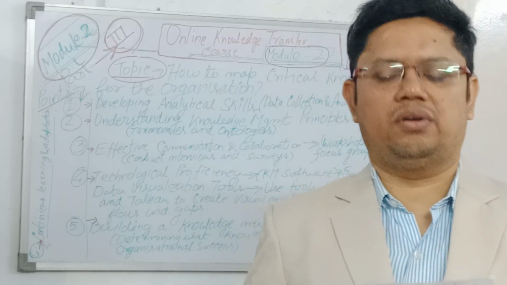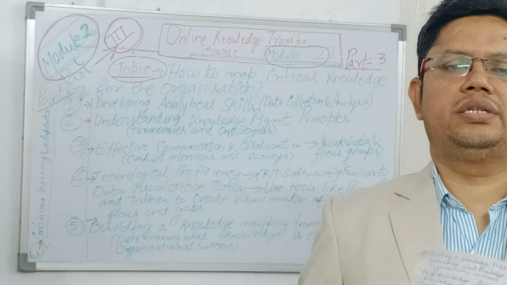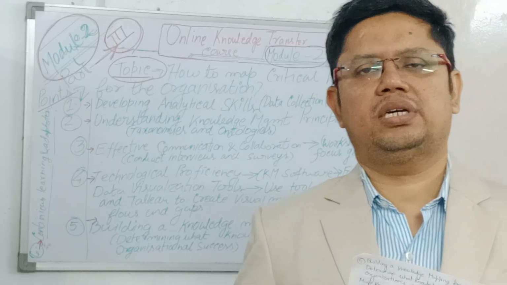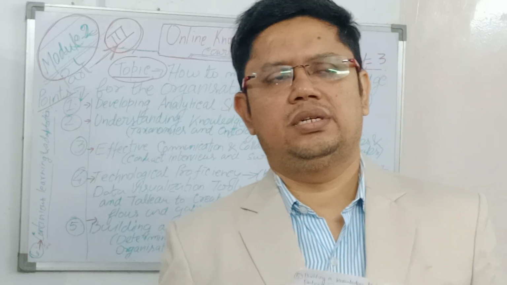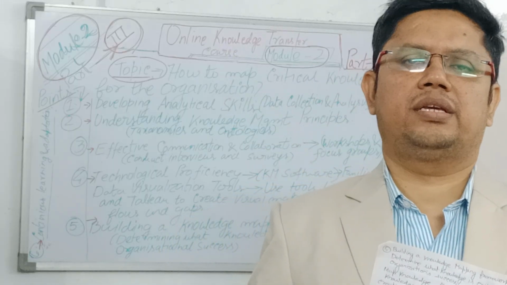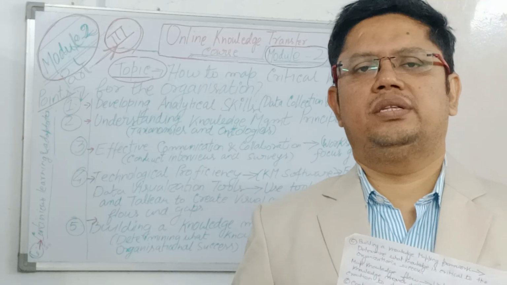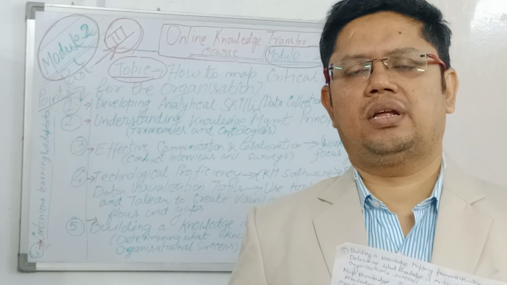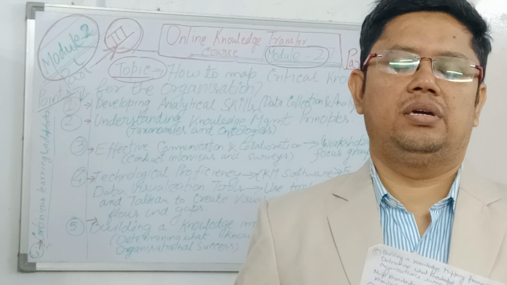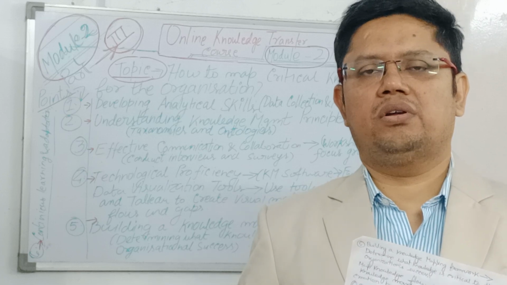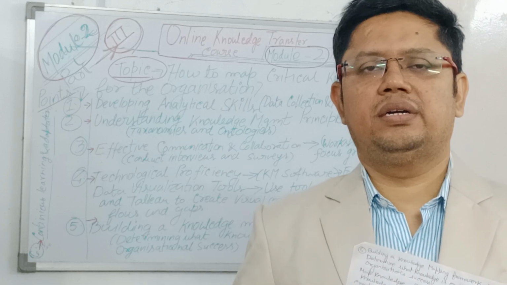Second is understanding knowledge management principles, which are related to the systematic and hierarchical management of the data that you have collected. There are two types of things: taxonomical rearrangement of data and ontological rearrangement of data.